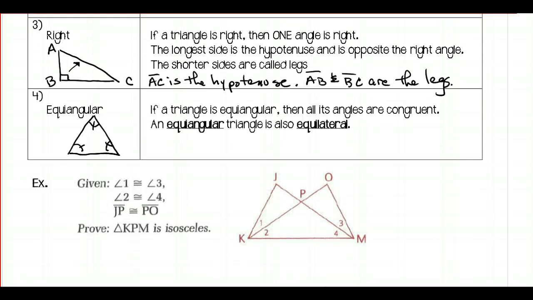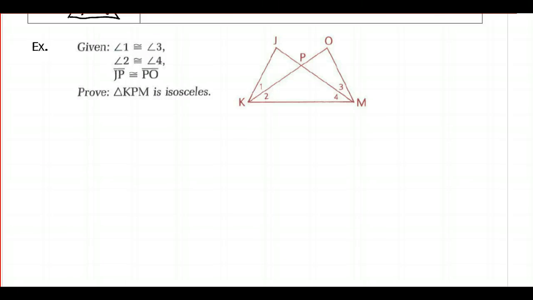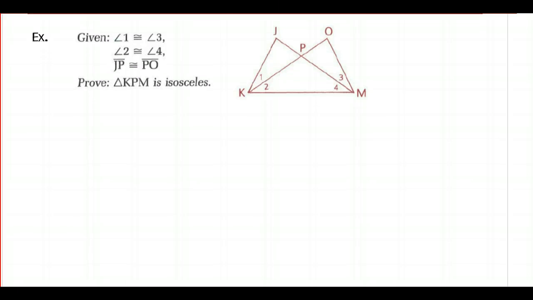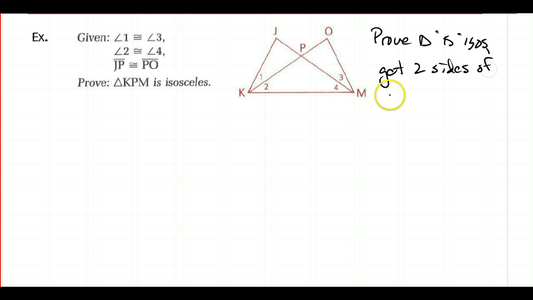Okay, so moving on to our first example. And again, this is where I was talking about the fact that I gave you two ways to prove a triangle is isosceles, but in this case I'm going to use the one to prove a triangle is isosceles: get two sides of the triangle congruent.